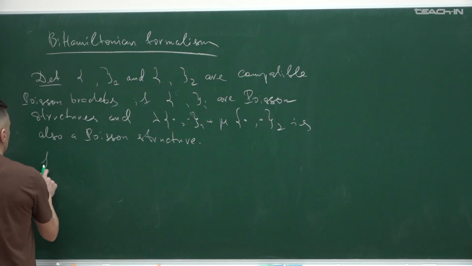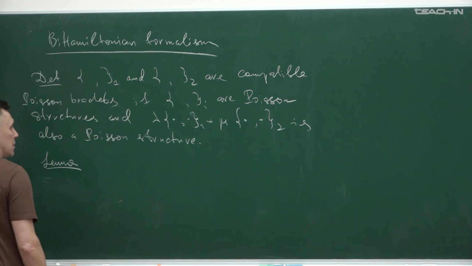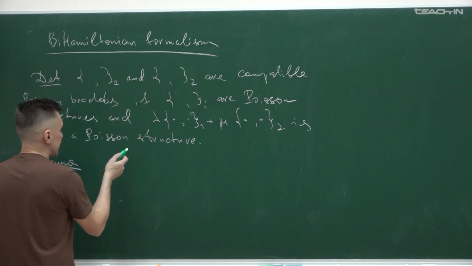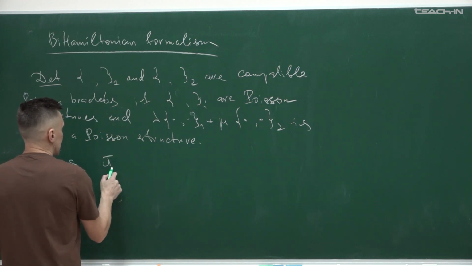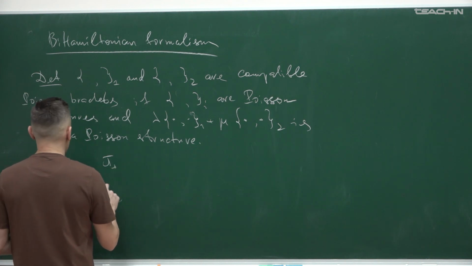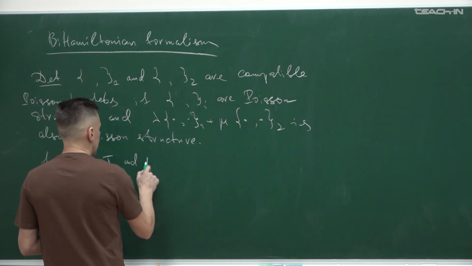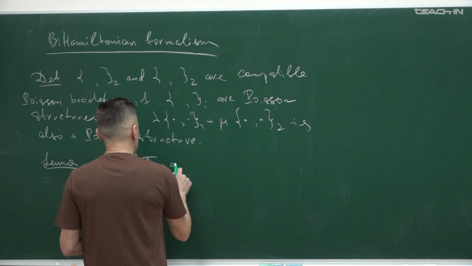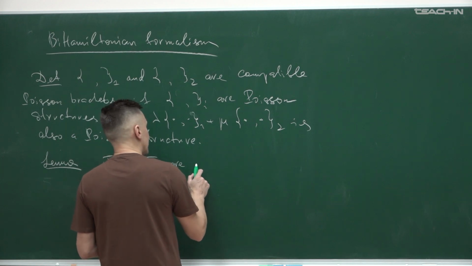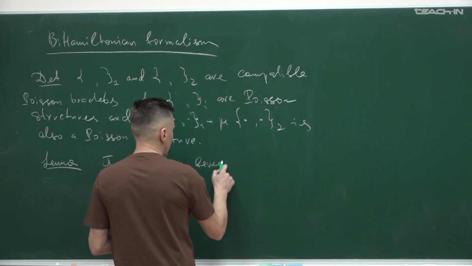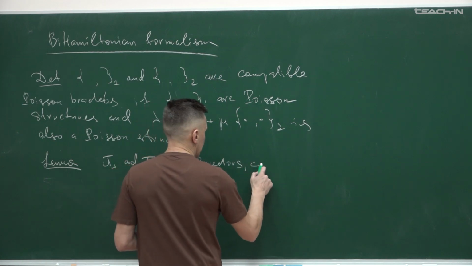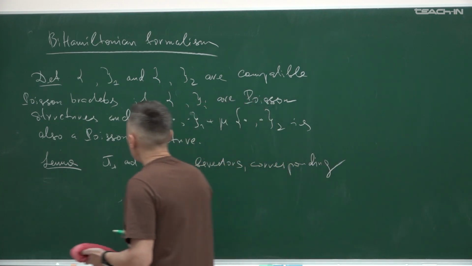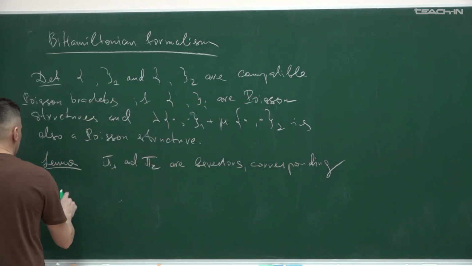Lemma. Let us define by P1 and P2 the Poisson bivectors corresponding to the brackets.